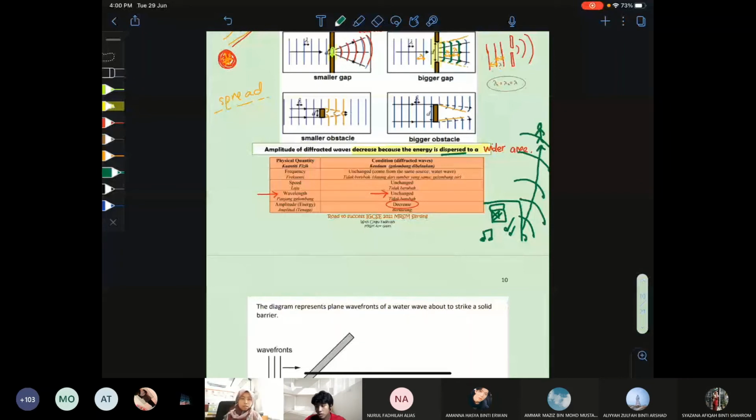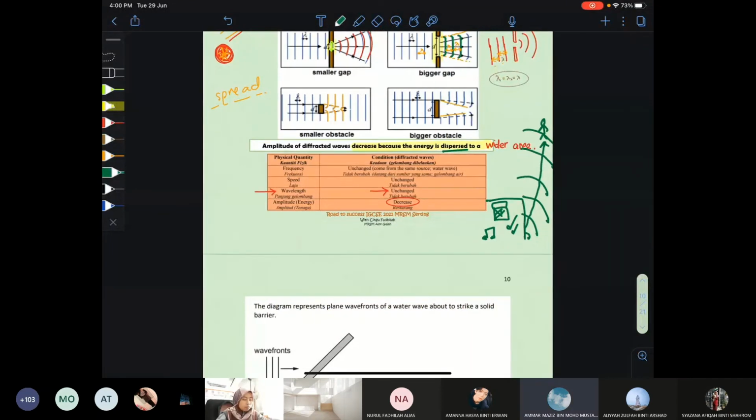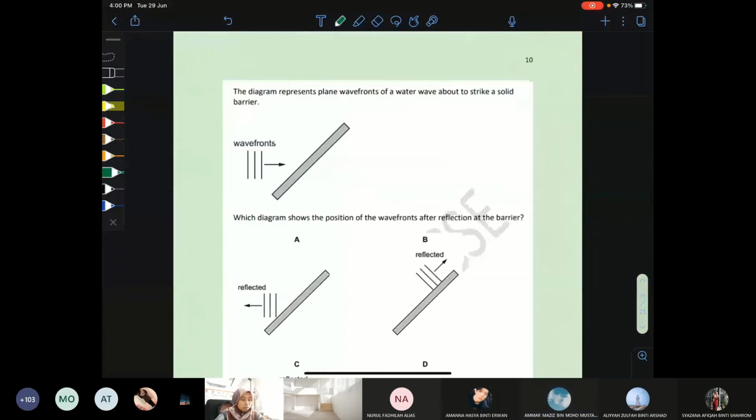Kita nak awak guna perkataan spread ataupun disperse tu. Tapi the concept tu, awak faham lah. Dia ada energy loss tu, tapi dia loss macam mana? Dia loss sebab dia spread. Okay? Alright. Thank you.